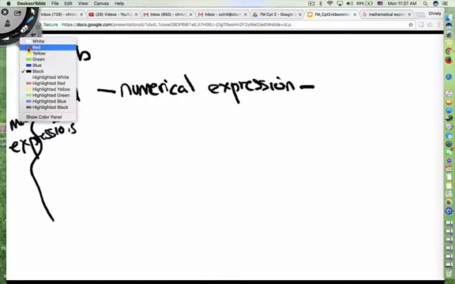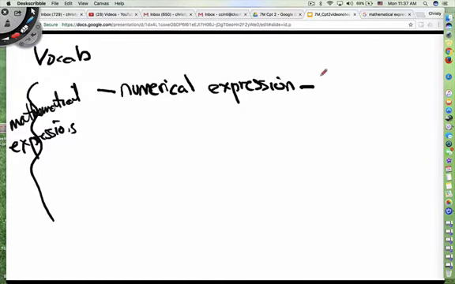We'll change color for the definition. Numerical expression, it contains numbers, like 1 through 9, you know, in different places, and at least one operation.